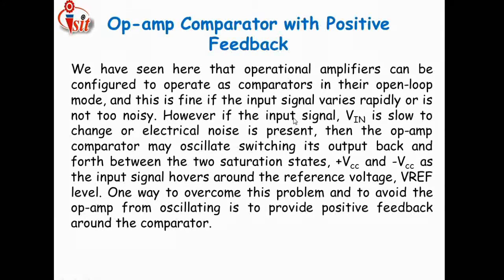However, if the input signal Vin is slow to change or electrical noise is present, then the op-amp comparator may oscillate, switching its output back and forth between the two saturation states, plus VCC and minus VEE, as the input signal hovers around the reference voltage level.